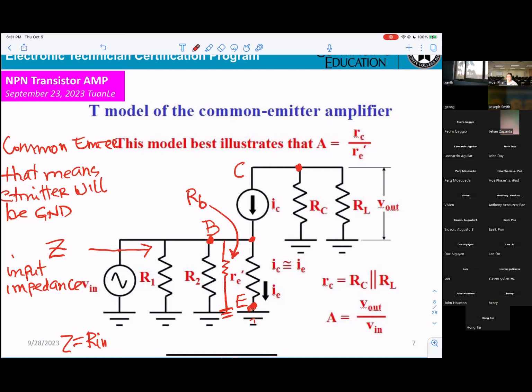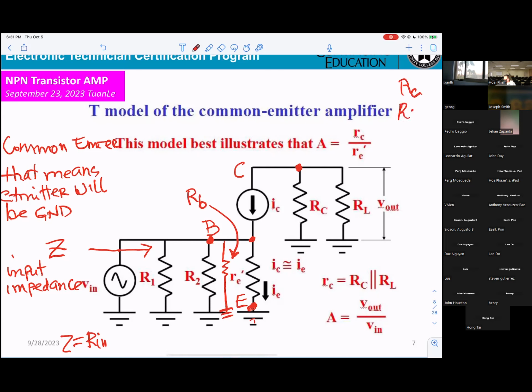Okay, I will get it. RB means resistance from the base to the ground. When they say RC, it means resistance from collector to the ground.